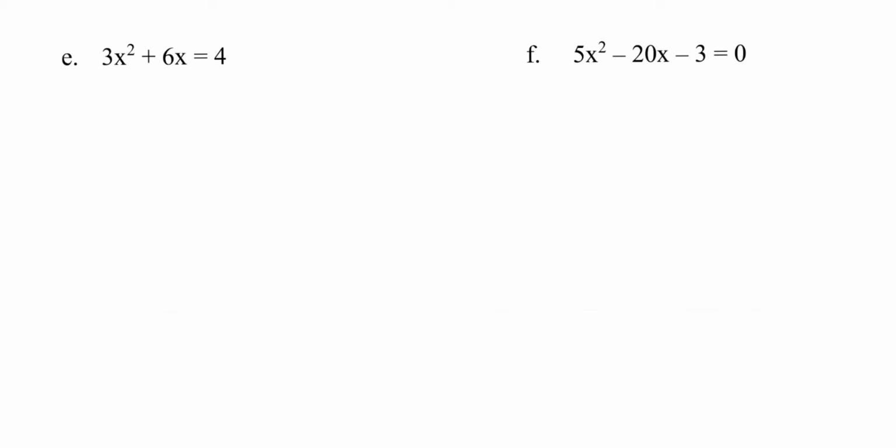All right. Now for E, we have 3x squared plus 6x equals 4. And in order to factor this as a perfect square trinomial, we need to have x squared by itself, not with a 3, or no, we don't want a coefficient other than 1. So the first thing we're going to do is get rid of that 3 with the x squared. And we're going to do that by dividing all 3 of the terms by 3.